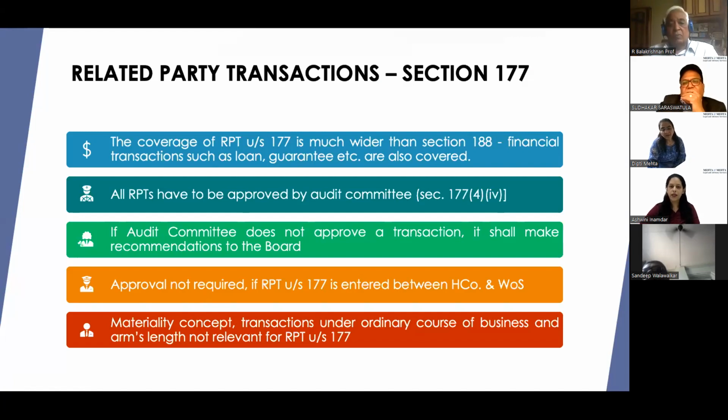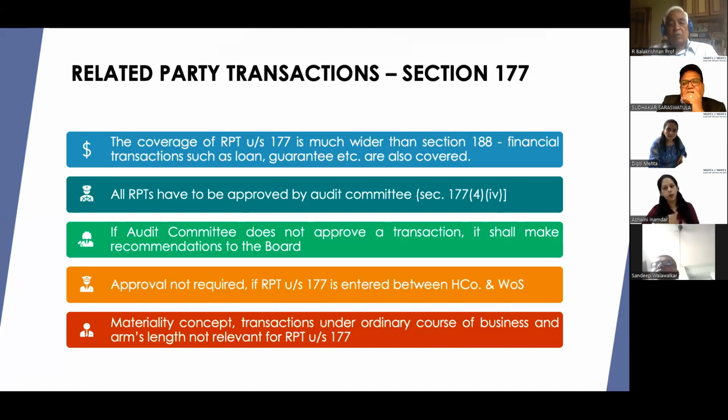So yeah, the recommendation to the board has to be made wherever the audit committee is not approving that kind of transaction. As I said, there are approving mechanisms under the audit committee and the board, so certain transactions have to go to the board. And so there is a distinction.